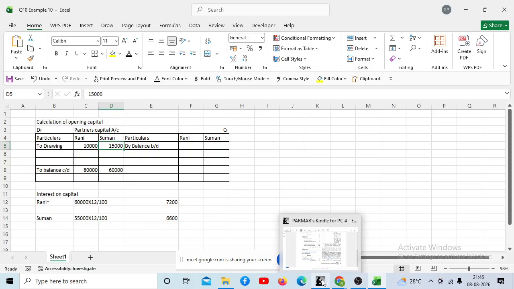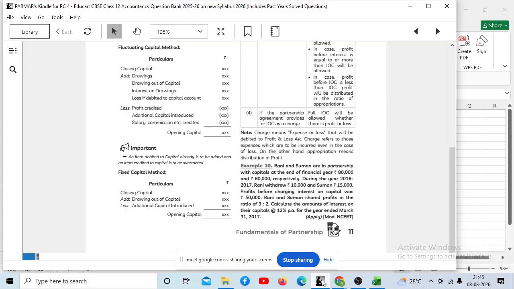Now further, what they are telling: profit before charging interest on capital was 50,000. So profit is increasing, so if profit is increasing, where will it come?